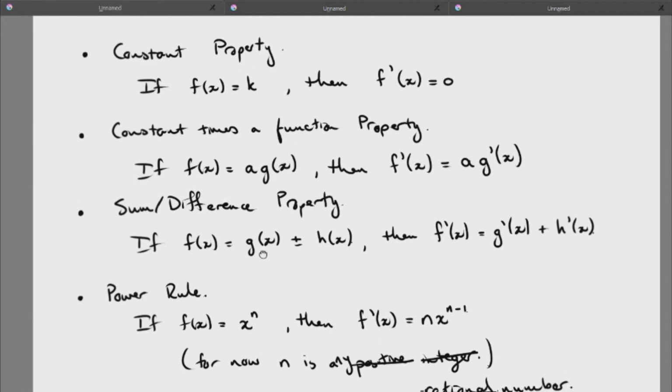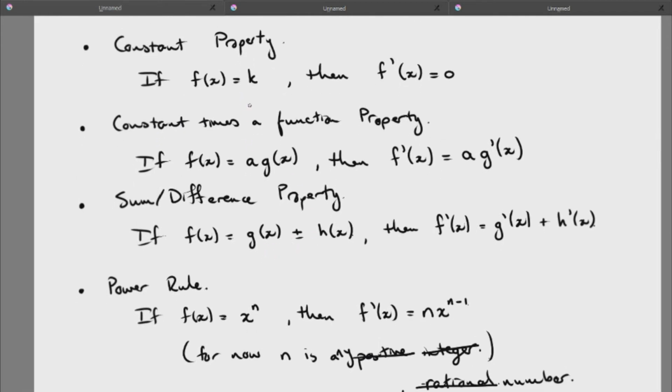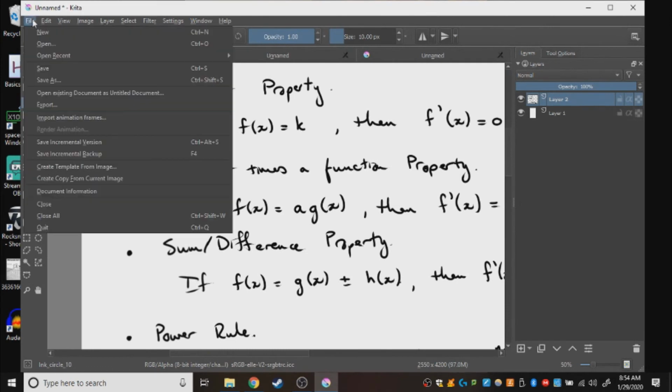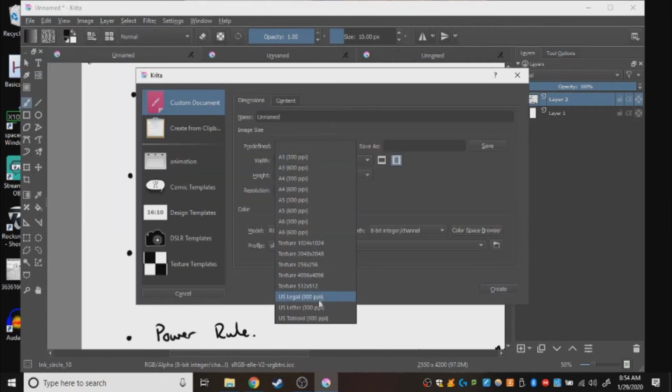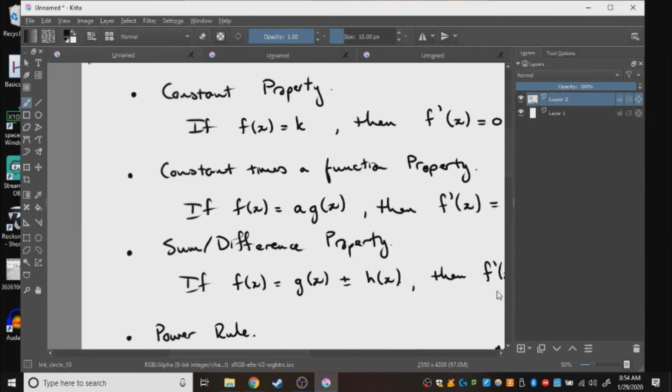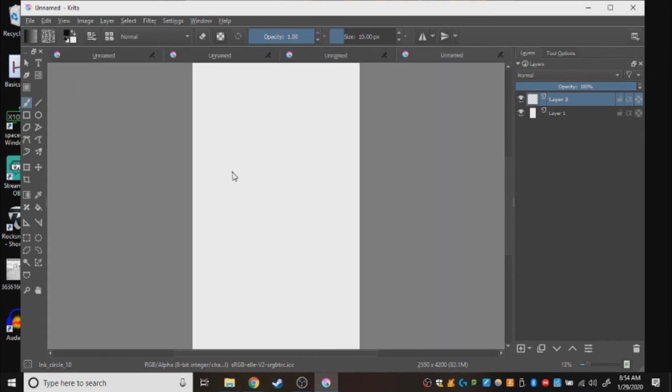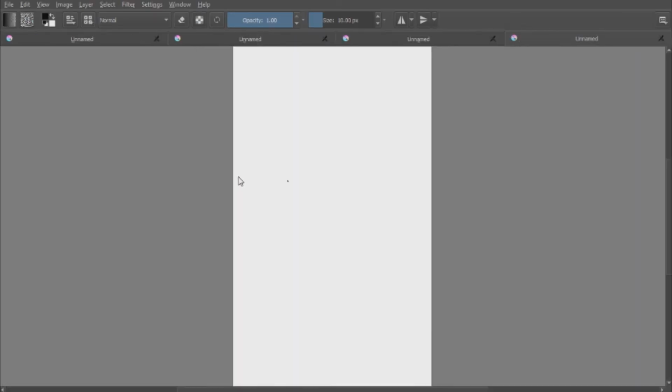I still need the other properties, right? Combining smaller pieces with numbers in front and so on. But it's a good first step. It can get me much further in terms of finding derivatives for functions than we think. So for the time being, we're going to be concerned with just practicing these properties and being aware of which property I use when.